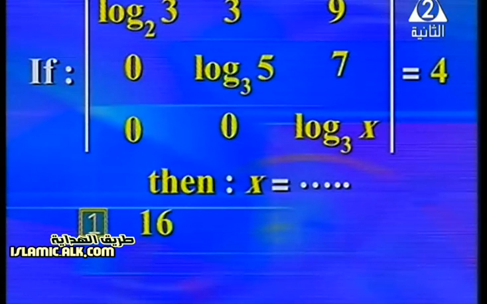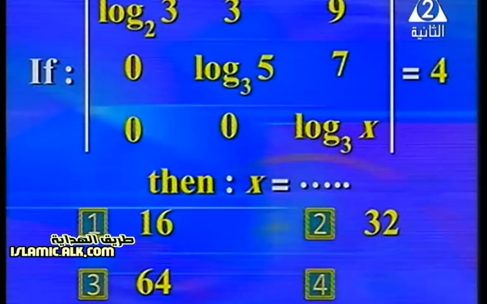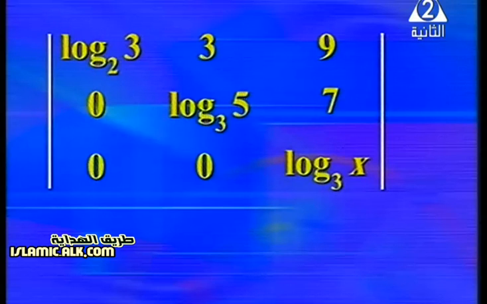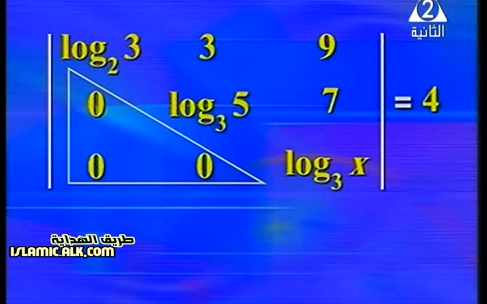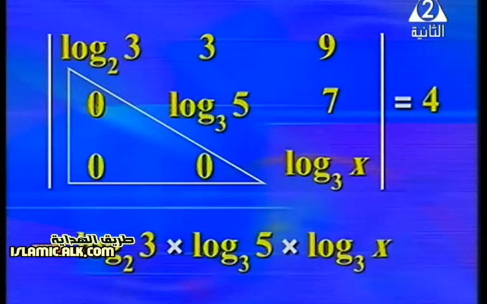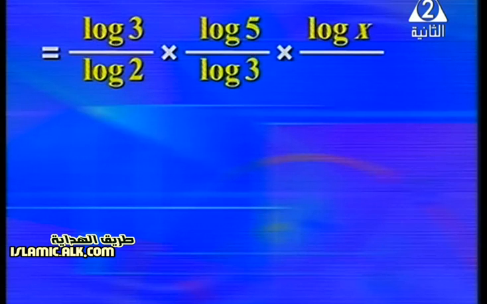Dear student, x equals 16, or 32, or 64, or 128. The answer for this determinant is the product of the main diagonal elements, which must be 4. What is log 3 base 2? Log 3 over log 2. Also log 5 over log 3, and log x over log 5 equals what? 4.